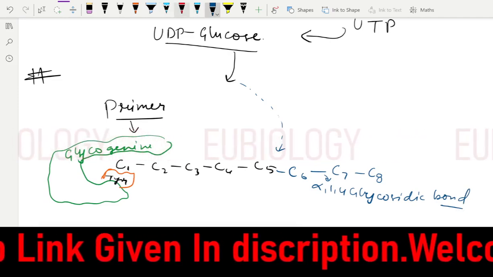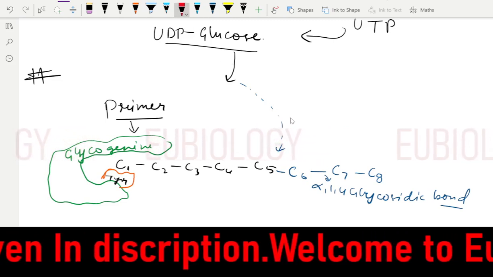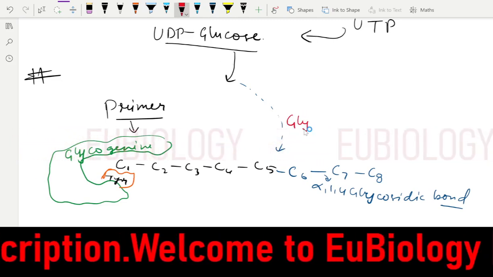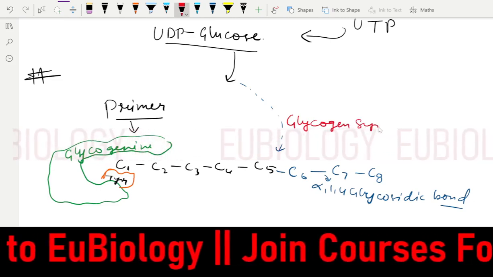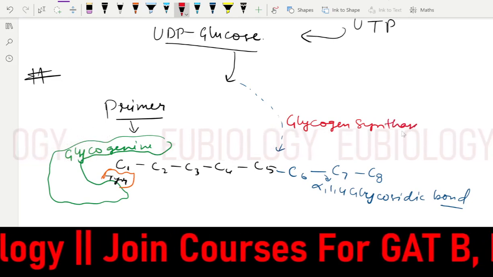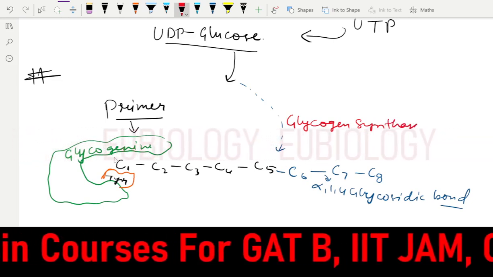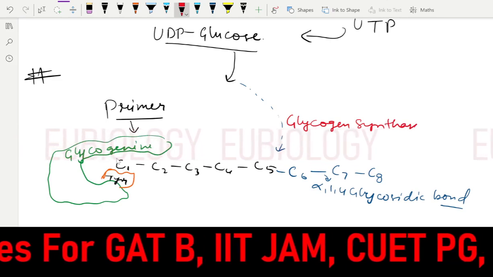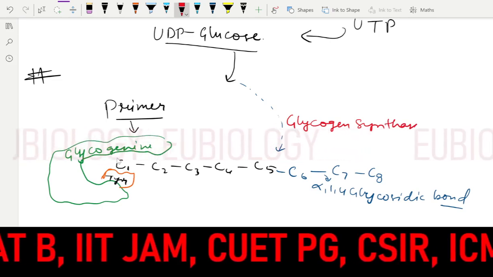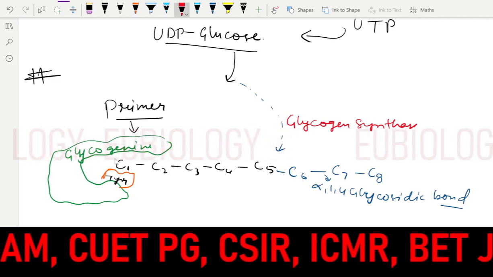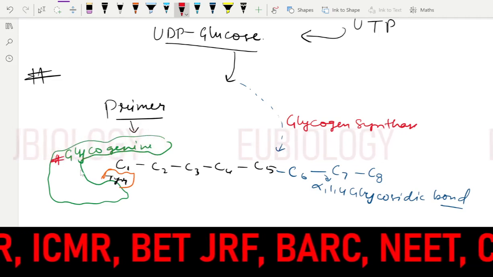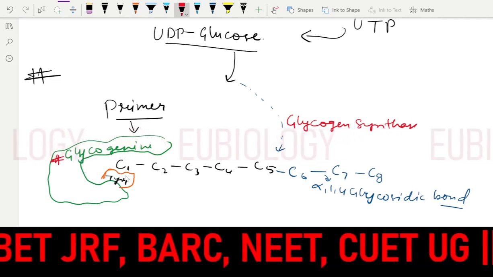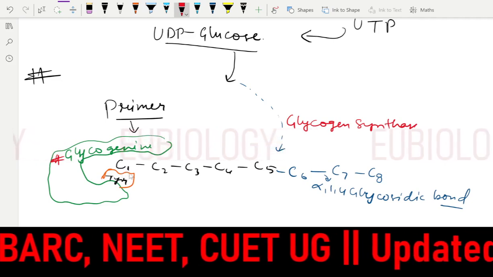Here you require one enzyme which is called glycogen synthase. And glycogenin is a very important protein which has a tyrosine end that binds with the first carbon.